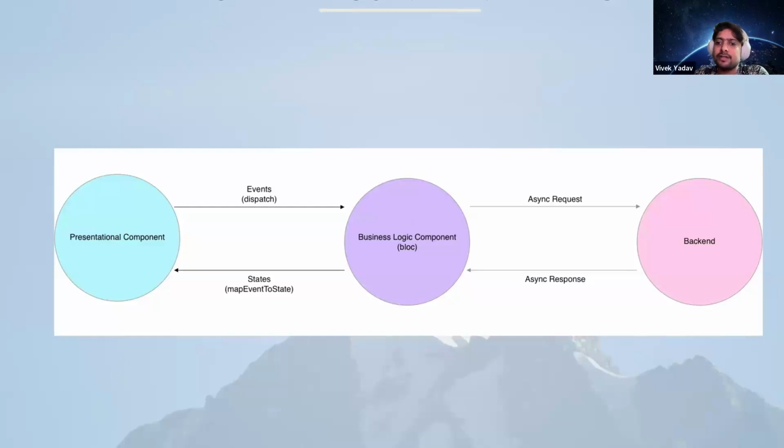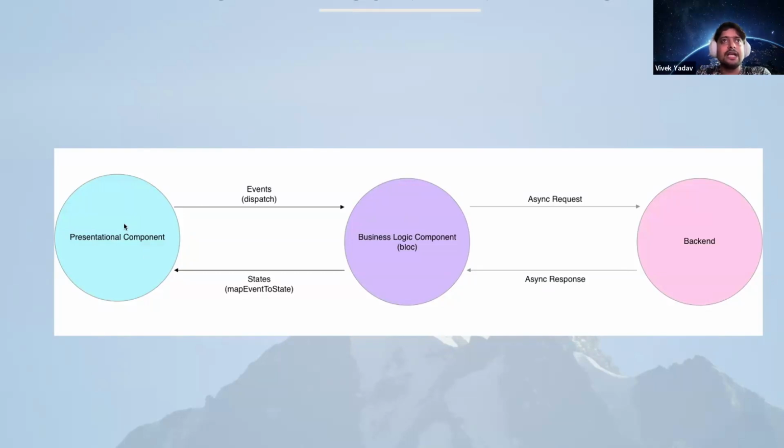Let's say that it wants to load the home page. So it will say home page loaded as a state, and it will ask the UI to load the home page. Of course, you can pass data like the data for the home page or data for a card. So that is how you can manage state in the bloc.